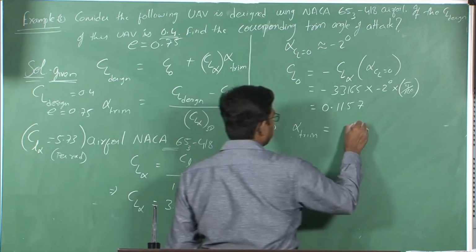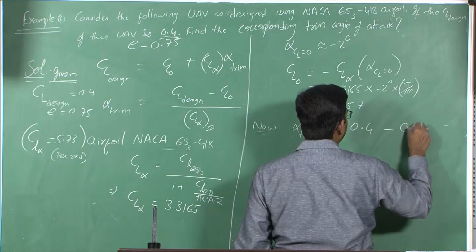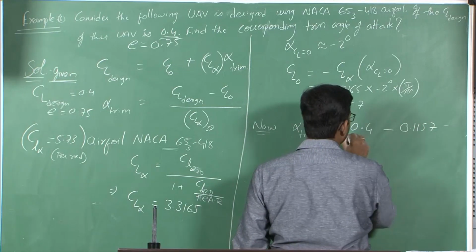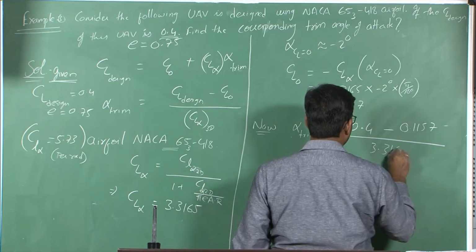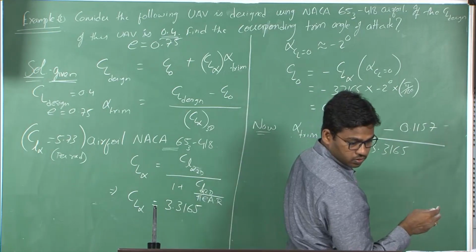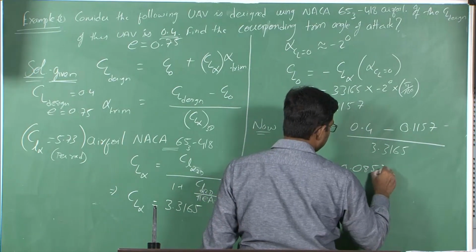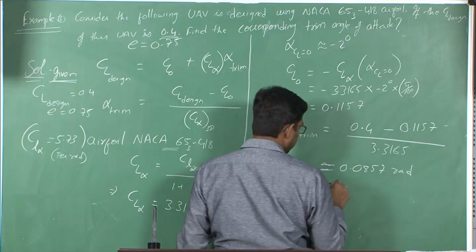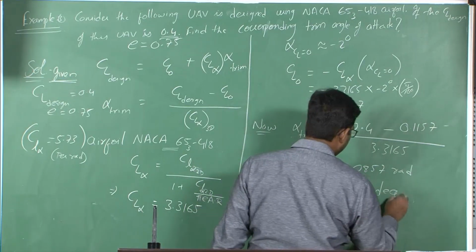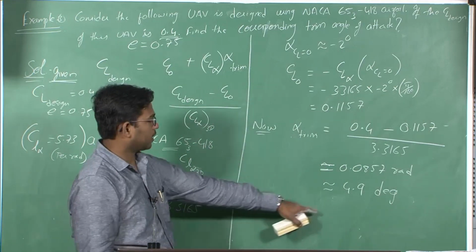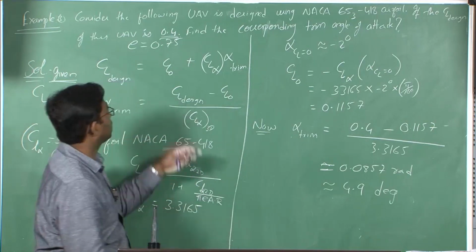So, this is 0.4 minus CL naught, which is 0.1157, divided by CL alpha of this wing, which is 3.3165, giving 0.0857 radians. So, in degrees it is approximately 4.9 degrees. This is the angle of attack to which the aircraft will be trimmed to attain this particular CL.